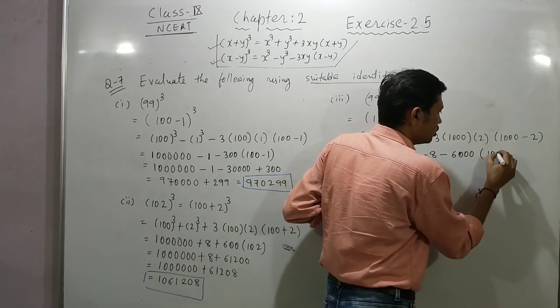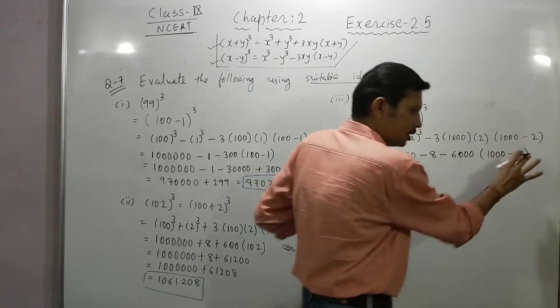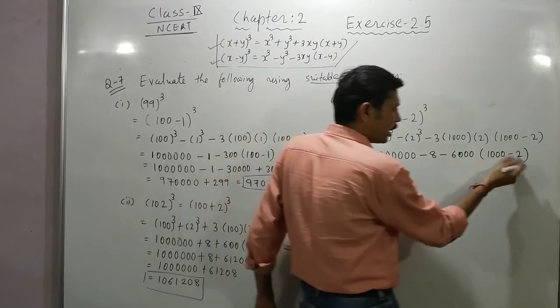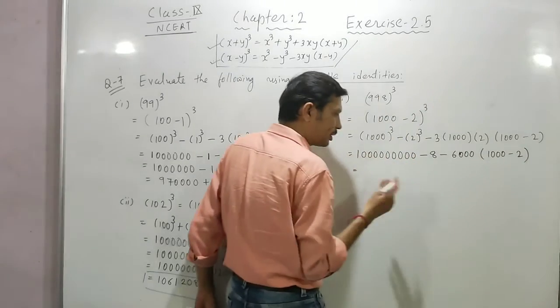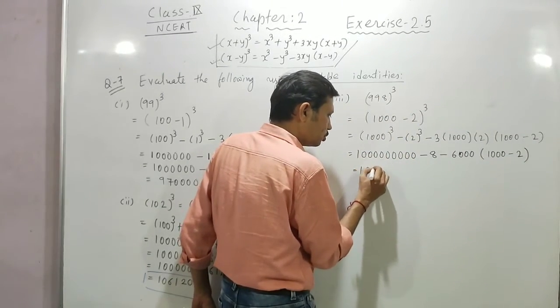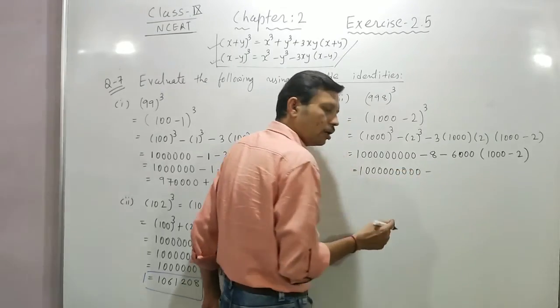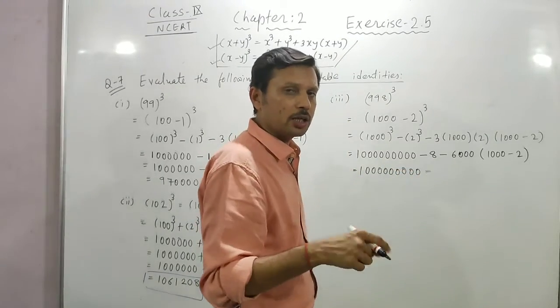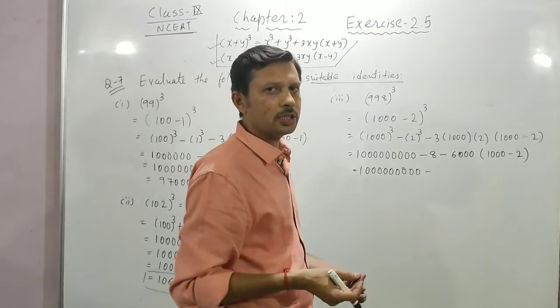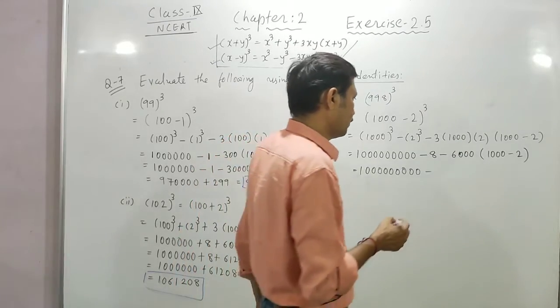And here it's 1000 minus 2. Let it be there as it is, because 998 is not advisable for multiplication. Now 1, 2, 3, 4, 5, 6, 7, 8, 9. Write down with the counting, otherwise if you skip any digit, that will be a big issue.